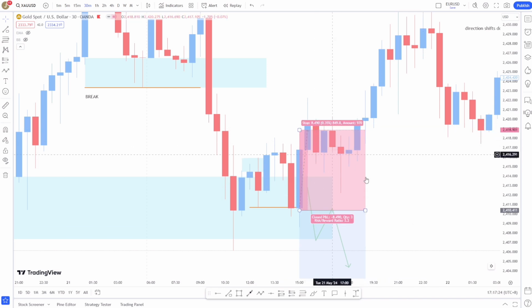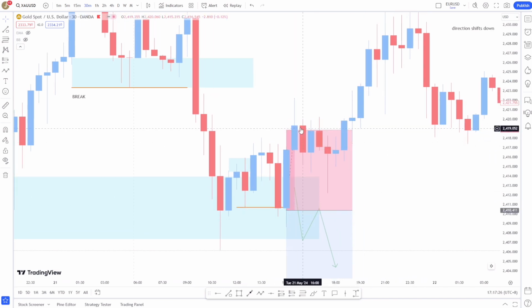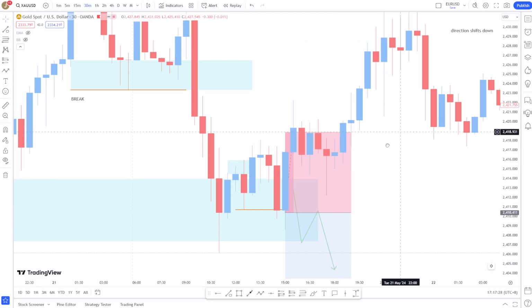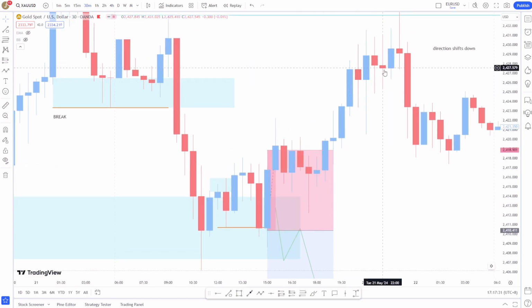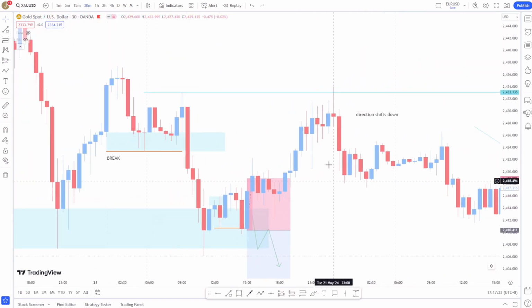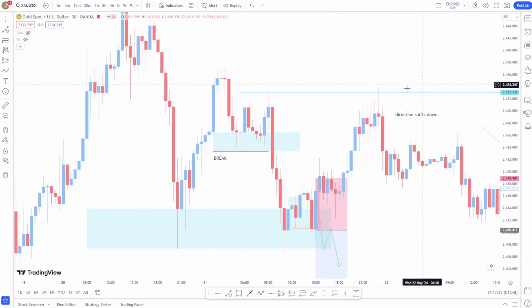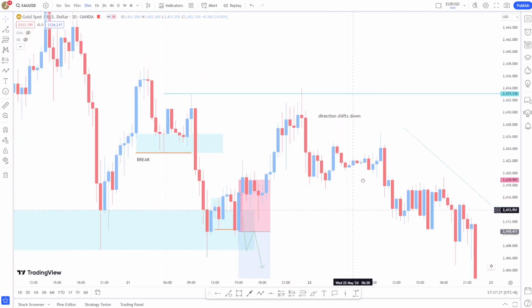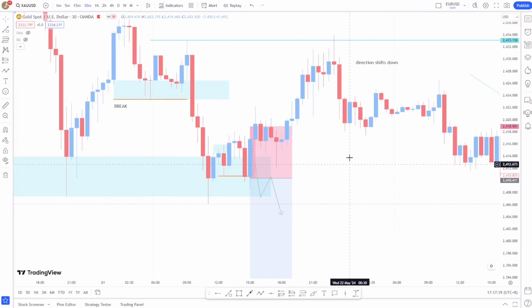Price will stop you out, but you just wait for the next chance. Because after all, a forward closure above here would give you bullish price action, and you don't want to be caught here.